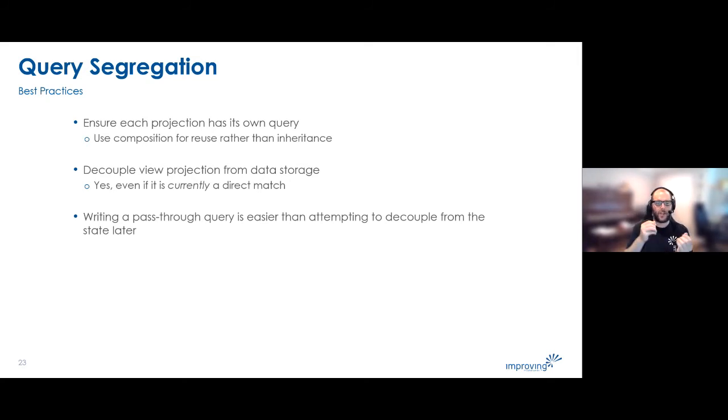When you write those projections, when you write that read, make sure that you are separating yourself from the way the data is stored in state, right? So let's say you have, again, a cart with a list of line items.